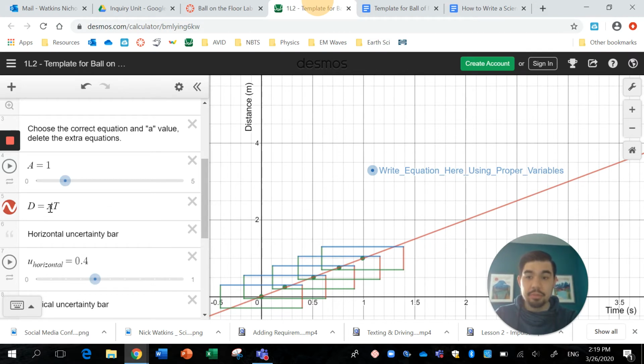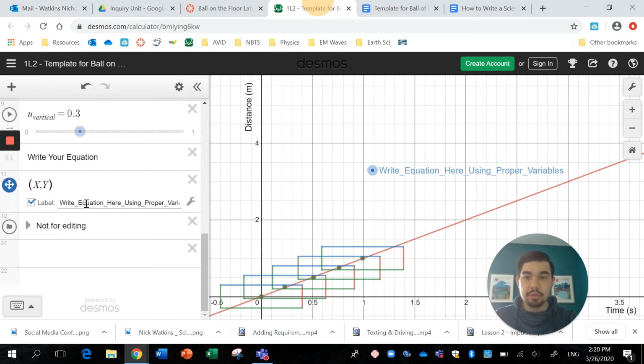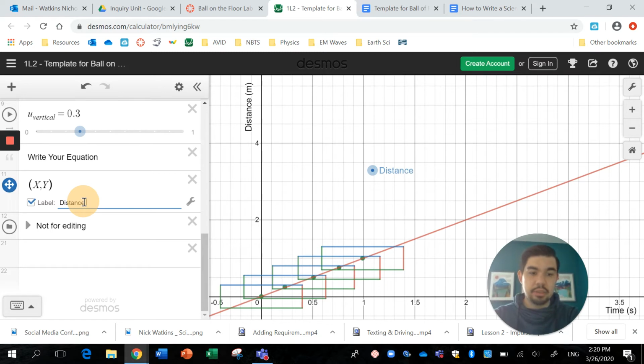The A value is whatever number we ended up with here. We got distance equals 1 multiplied by t, which is time. If I write this out, I would have distance equals 1 times time.